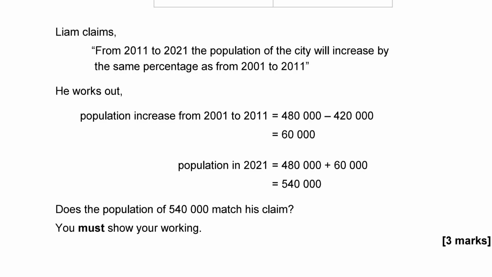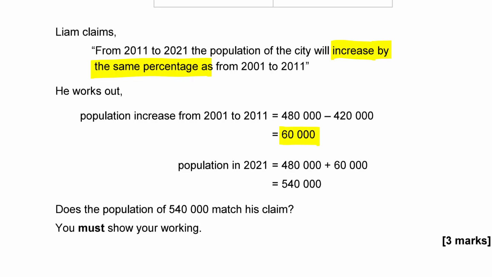Okay, so he has said here that from 2011 to 2021, the population of the city will increase by the same percentage as from 2001 to 2011, but he hasn't actually worked out what that percentage is. All he's done is subtract one number from the other, so he's found the difference between those two numbers is 60,000, and he's added that same difference onto the population in 2011 to estimate what it will be in 2021.